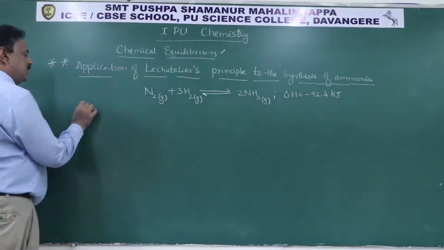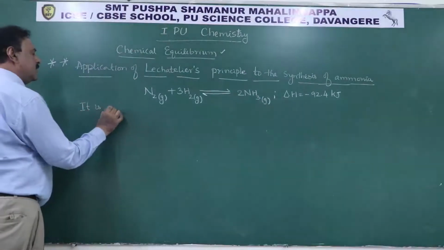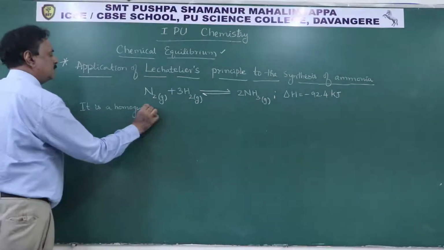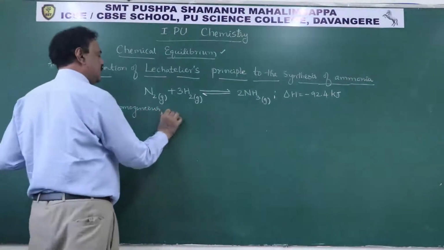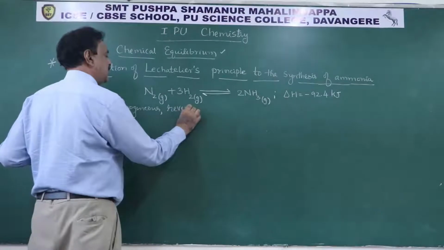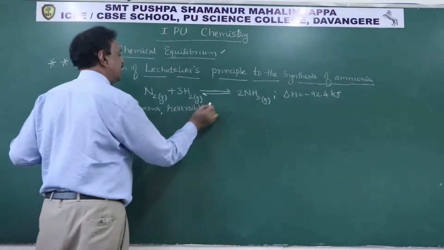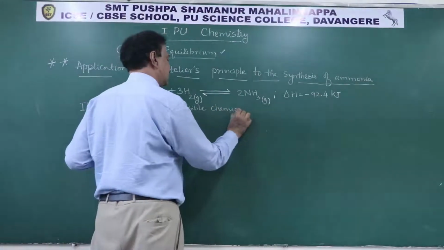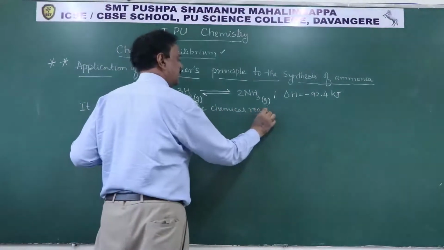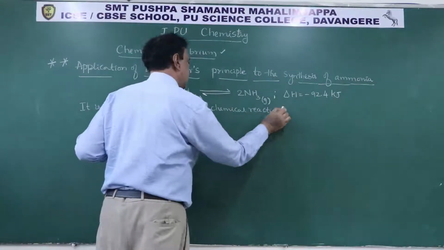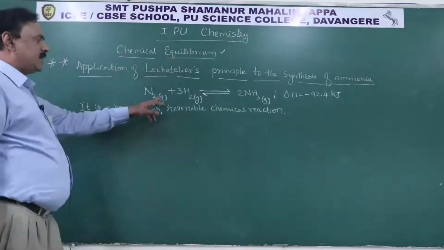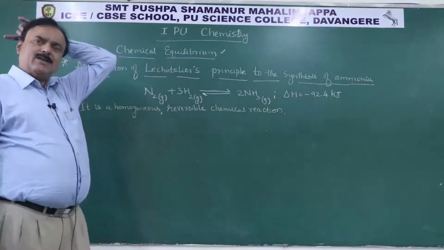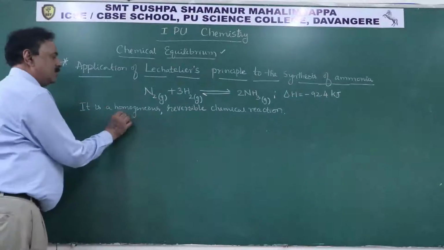It is a homogeneous reversible chemical reaction. Now, why is it called a homogeneous chemical reaction? Because the reactants nitrogen and hydrogen and the product ammonia are all in the gaseous state, and hence it is called homogeneous.